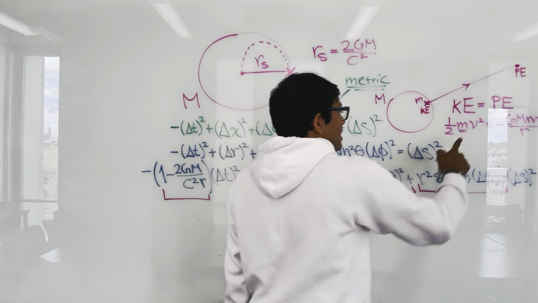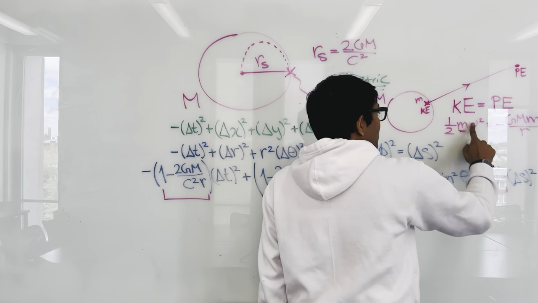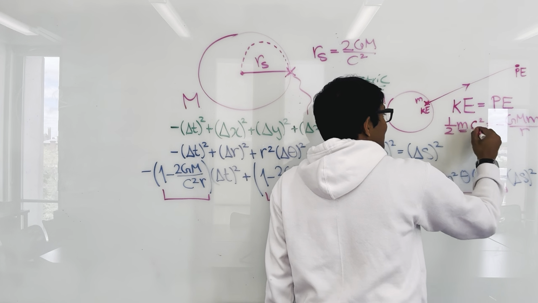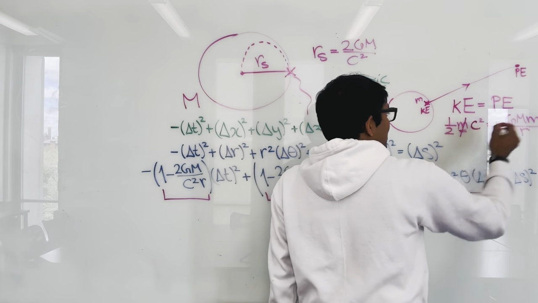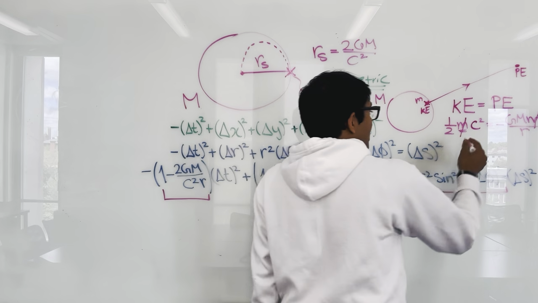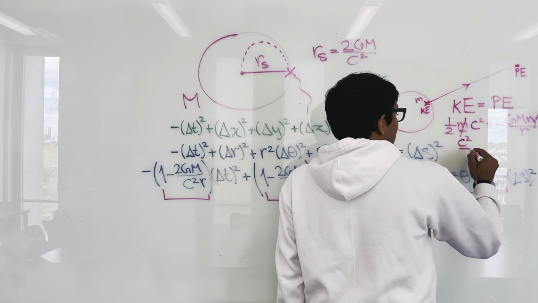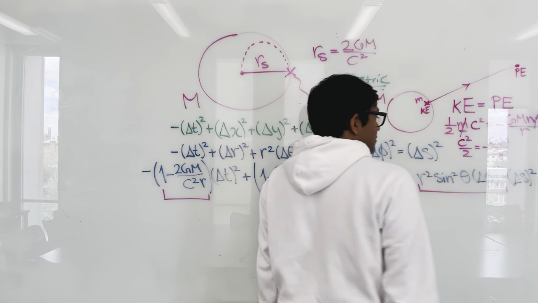Now, if I set the escape velocity of the black hole to the speed of light, then I can replace this v with c. And now I can cancel out the mass of the particle from both sides. And so now I have c squared over 2 is minus GM over r.